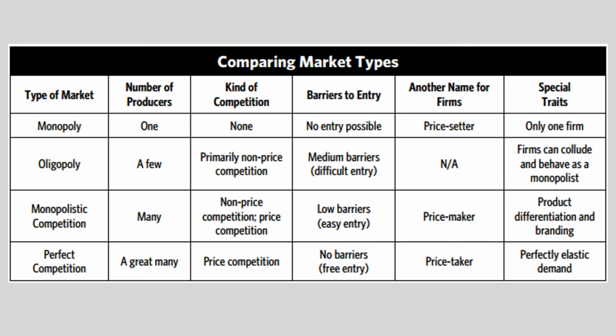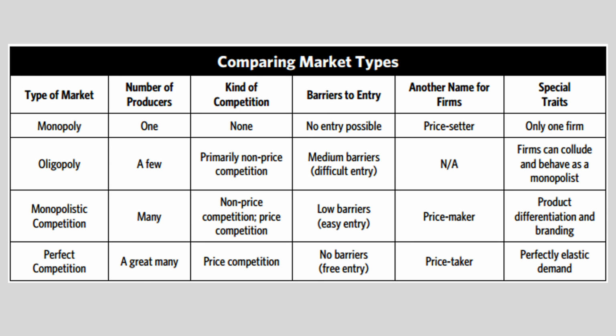In terms of producers, remember in monopoly, we have 1. In perfect competition, many producers. Oligopoly, we have a few. In monopolistic competition, we have many. So basically, perfect competition has the most number of producers. Kinds of competition: in perfect competition, our competition is based on price.